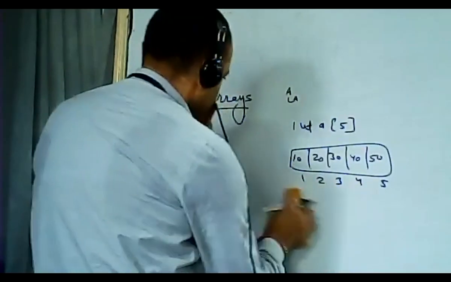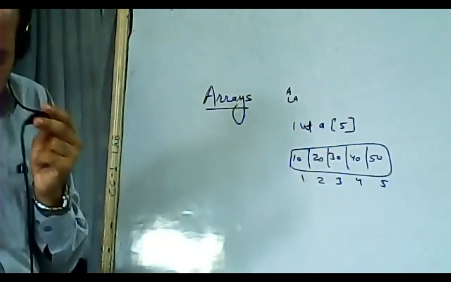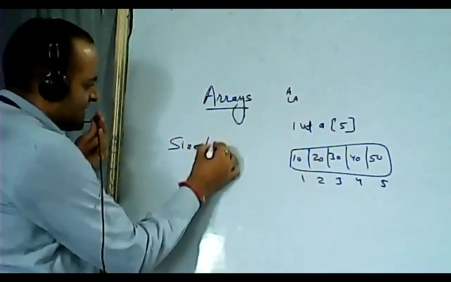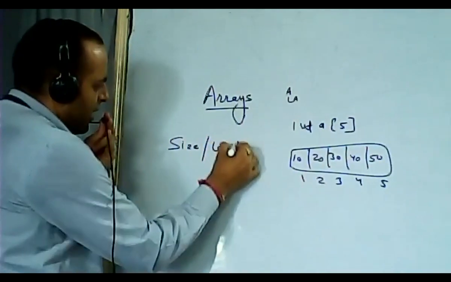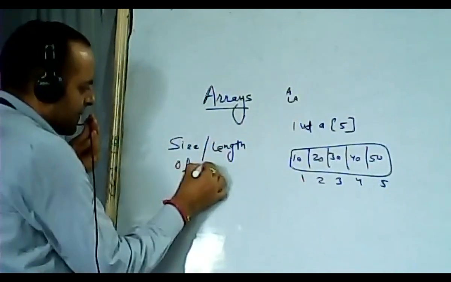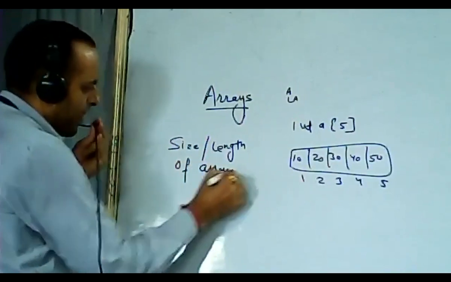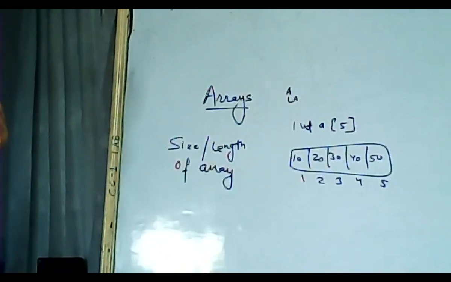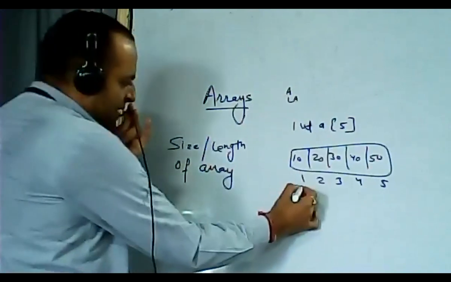Okay. Let us move to the next. Next thing is how we will find out the size or length of the array. That means how many elements the array contains. So memorize one thing.